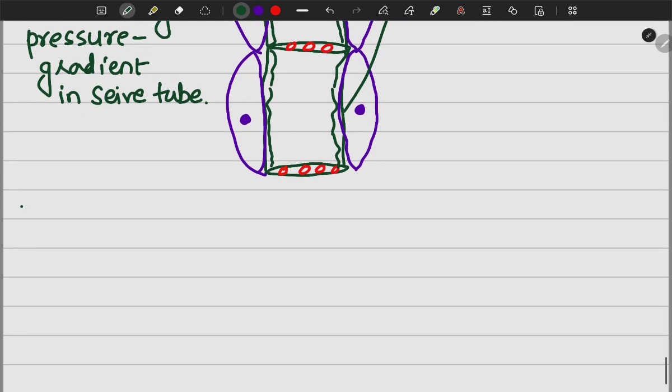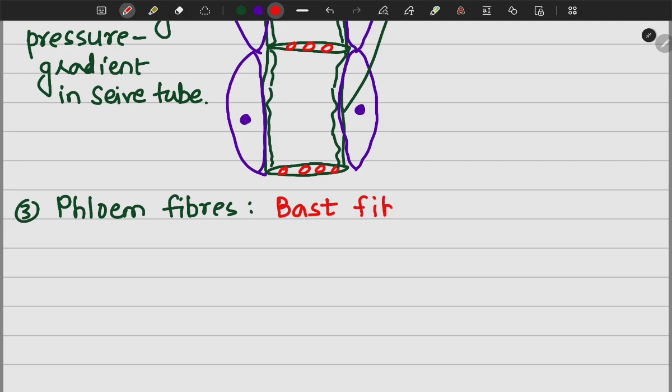Let us talk about the phloem fibers. These phloem fibers are also called bast fibers, and just like the other fibers, they are sclerenchymatous.